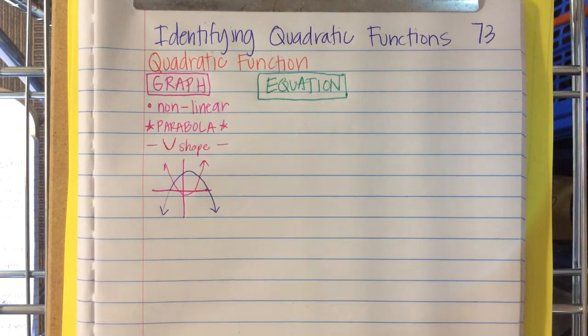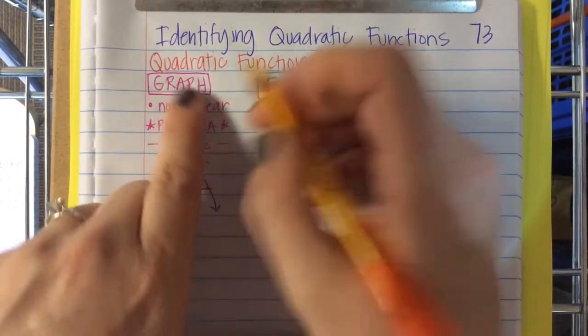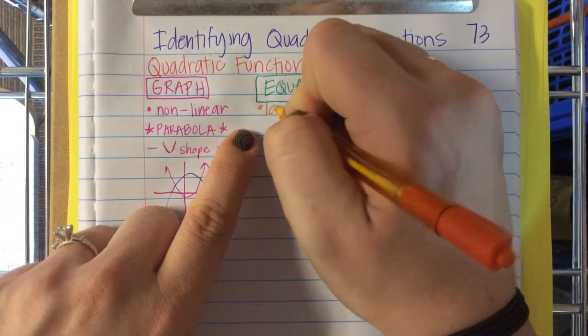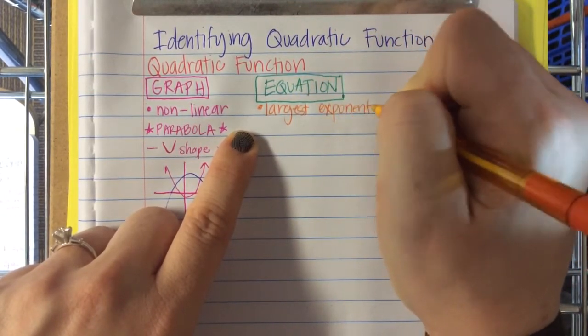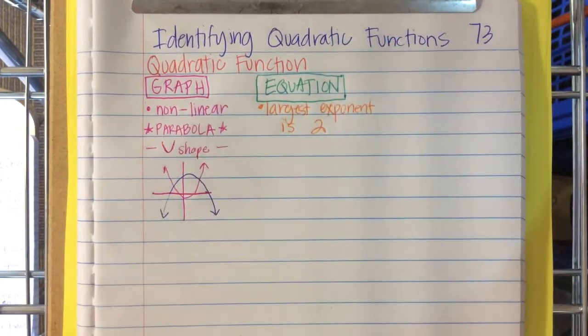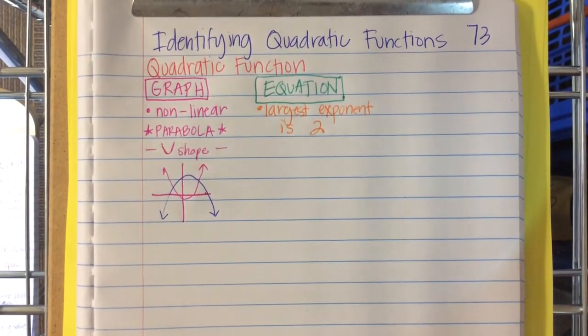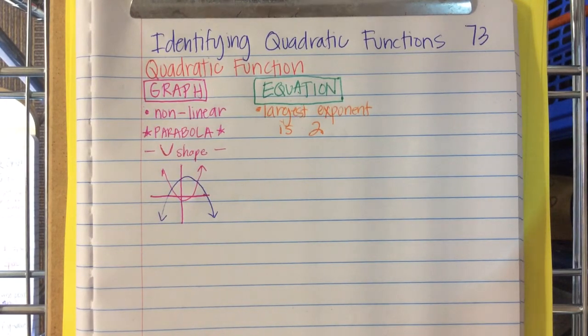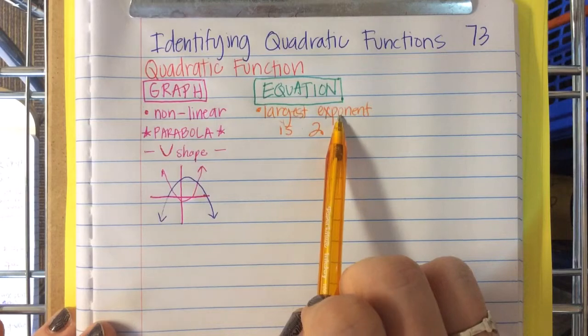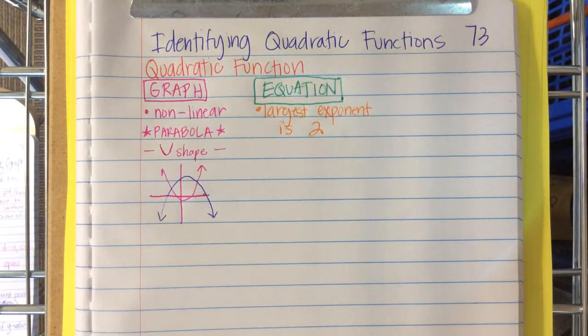An exponent of 2. In order for an equation to be quadratic, the largest exponent is 2. If you look at the equation and the biggest exponent in the problem is a 2, yep, it's a quadratic function.